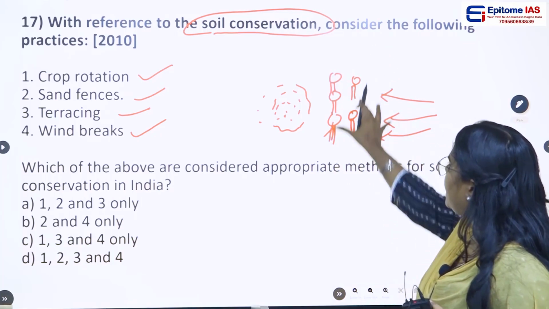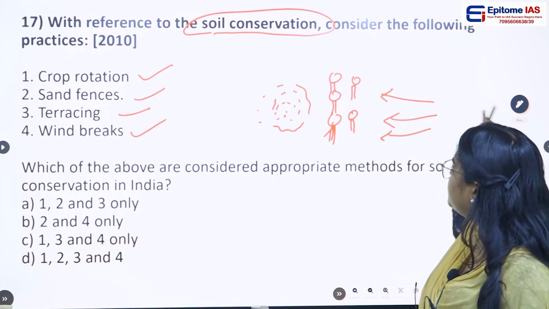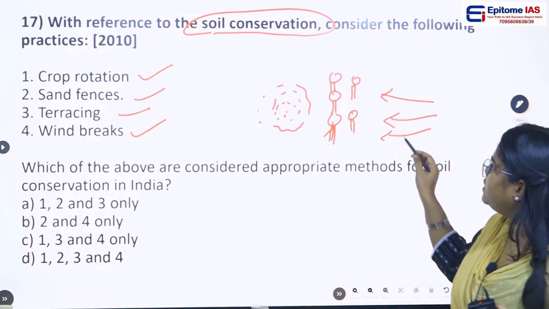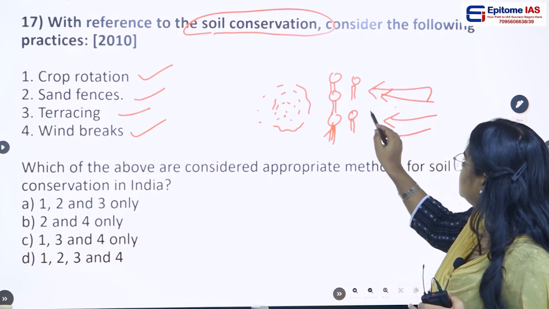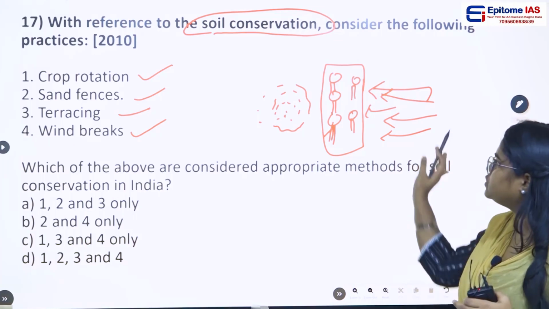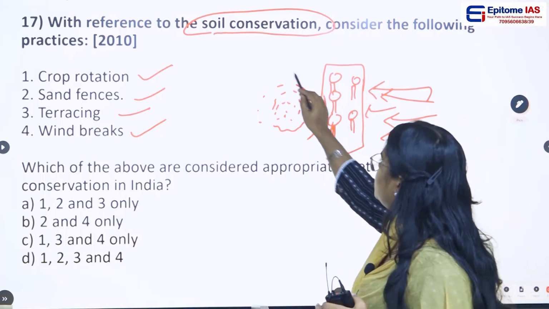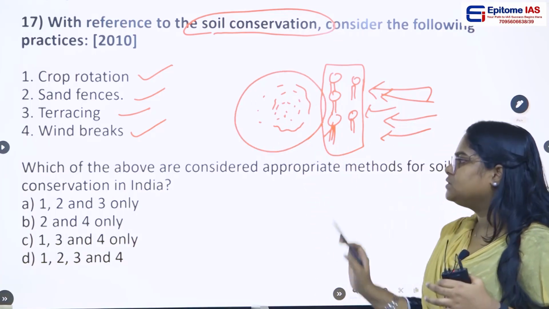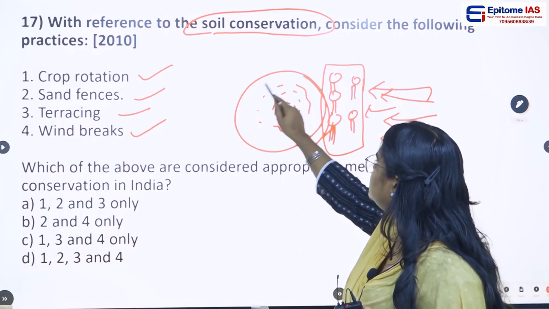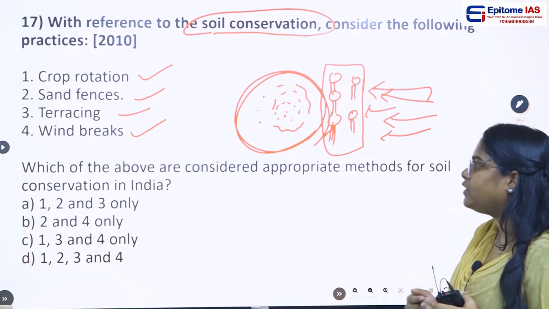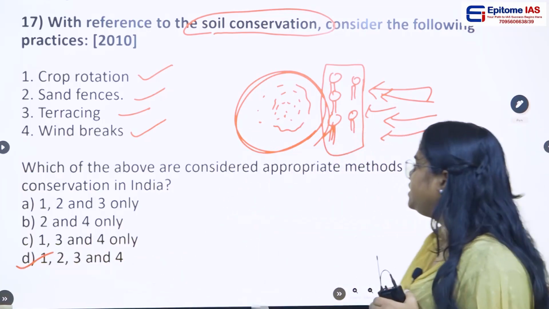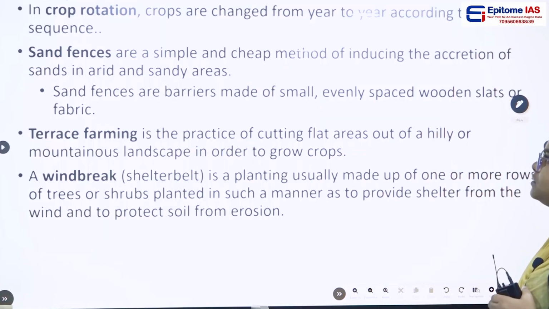So when we are planting some layers of trees in this particular direction, perpendicular to the direction of the winds, what will happen? This wind, it will stop here, and this will act as a barrier to stop this wind, and it will not impact the crops. So these are wind breaks. Yes, these wind breaks are also helping in the conservation of soil. So what is the correct answer? Answer D, 1, 2, 3, 4 is the correct answer.